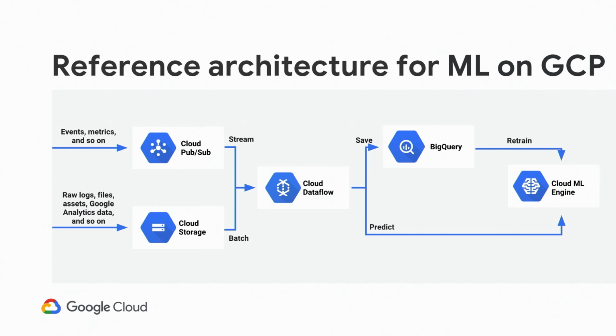And using Dataflow, you can use the exact same code that you did on your historical data. The same code works on the real-time data, and therefore the same pre-processing is being done. And the model that has been trained is then invoked to serve out your predictions. So you have the reference architectures for ML on GCP and data processing on GCP, and every customer that we talk to uses an adaptation of this, and Zulily is no different.